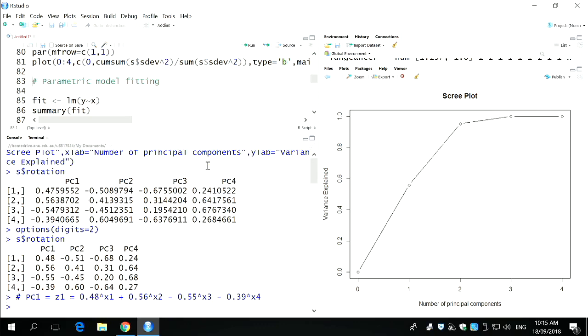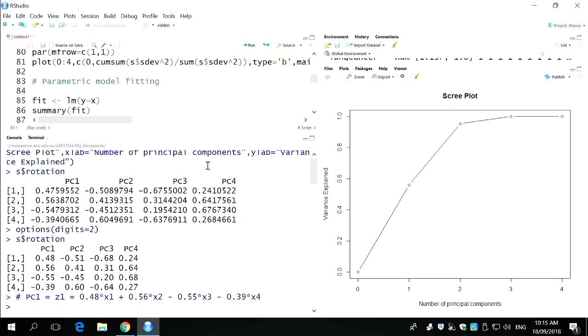So Z1 is a line in 4-dimensional space, so it's a direction in 4-dimensional space. It is this linear combination of the x's, and that's my first principal component. That is a variable in this 4D space that has maximum variance.